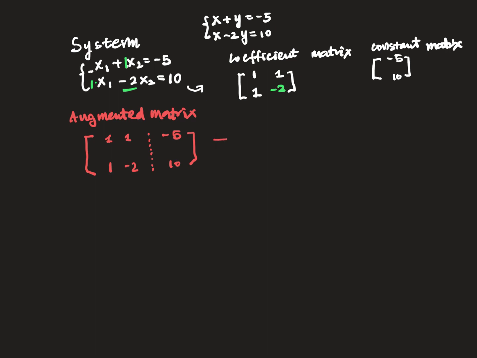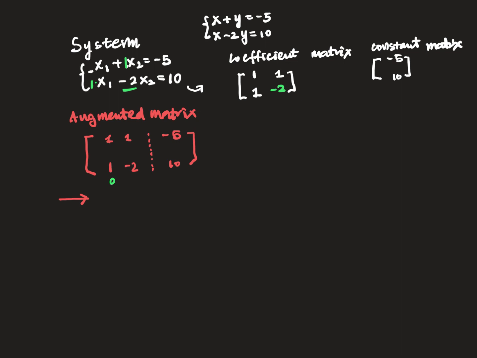So let's go to this one. How can we find the solution of this system of equations by using row operations? If you remember, guys, look at this one. What you have to do first is make this entry 0.